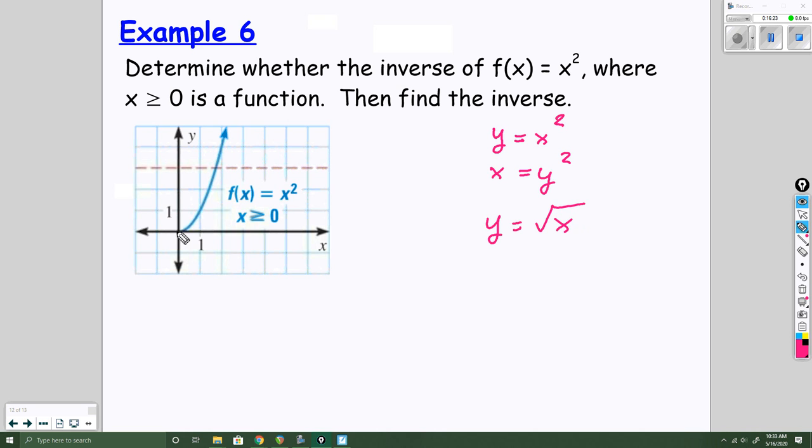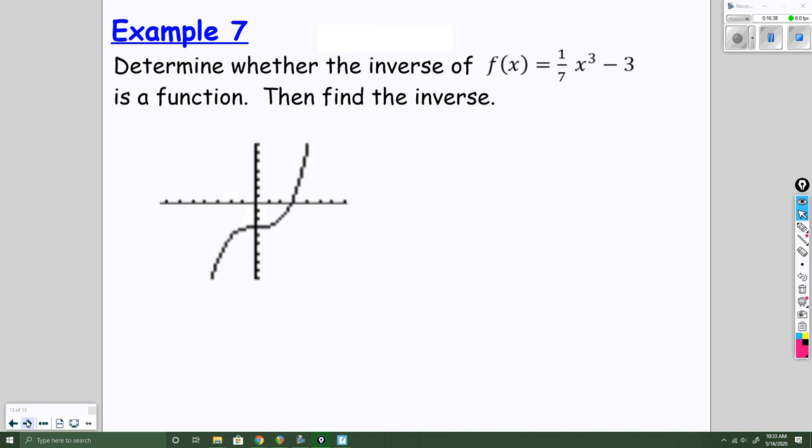If we graph something like that, a very rough sketch there, we get something that is symmetrical about the line y equals x. Awesome, last one. Once again, if we use the horizontal line test, we can see that this is going to be a function.